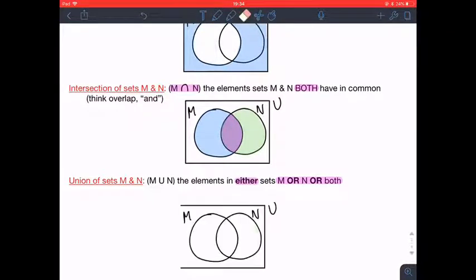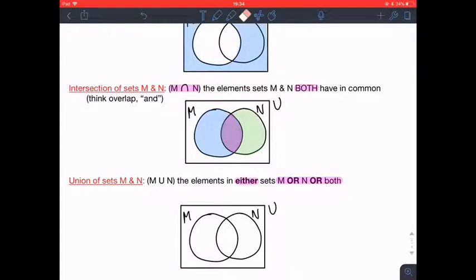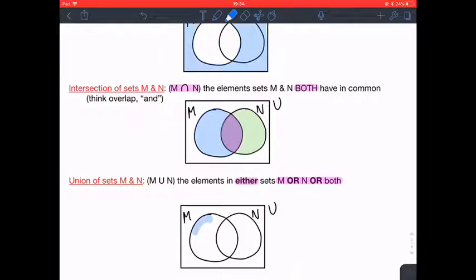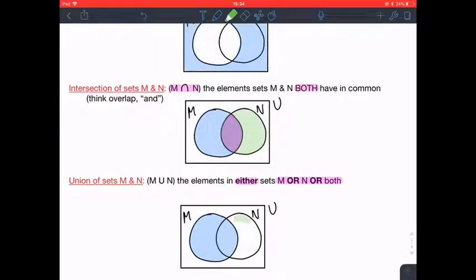So here's our example here. I'm going to highlight, again, using the same colors, everything in set M in blue, everything in set N in green. The union was kind of nice. Think of the union as all of the elements that you just highlighted.